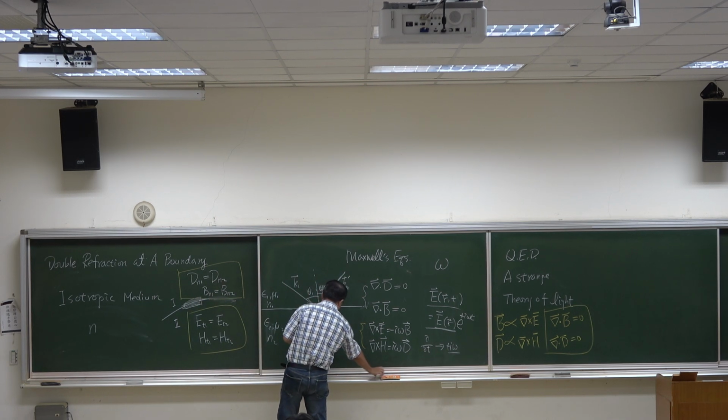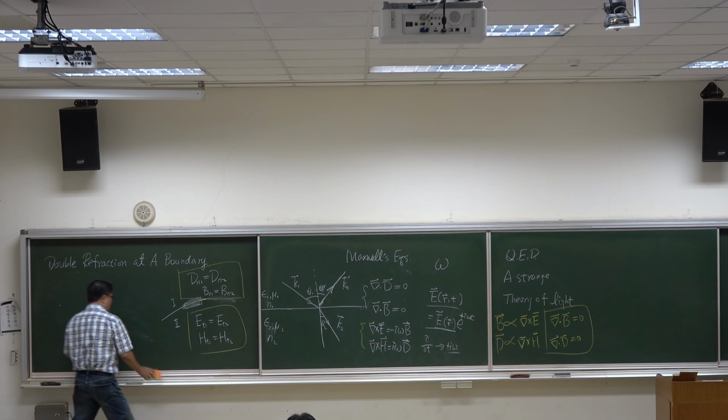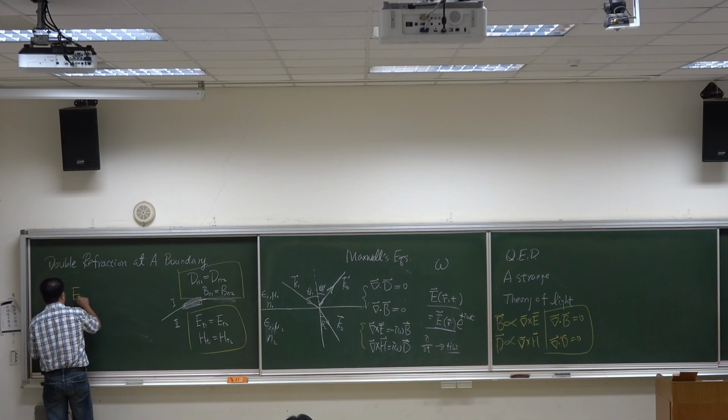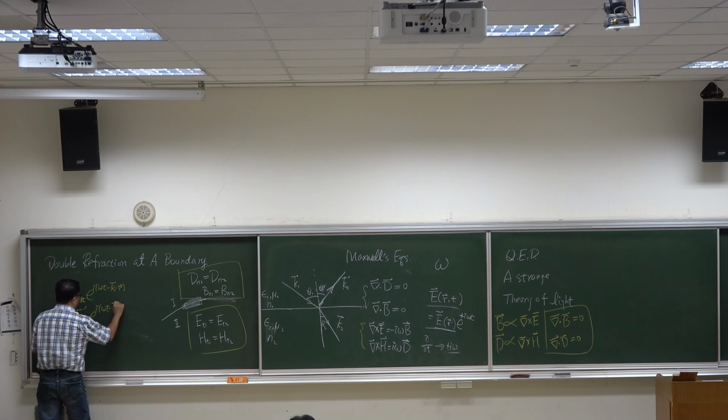In the medium 1 part, the field includes two parts, say E1t times exponential i(omega t minus K1 dot R), considering the tangential component, plus E prime 1t times exponential i(omega t minus K1 prime dot R).